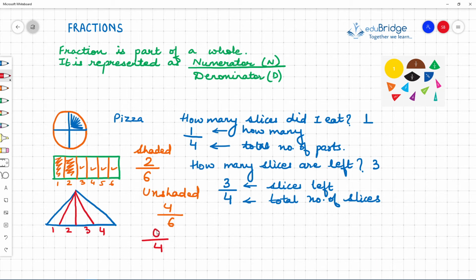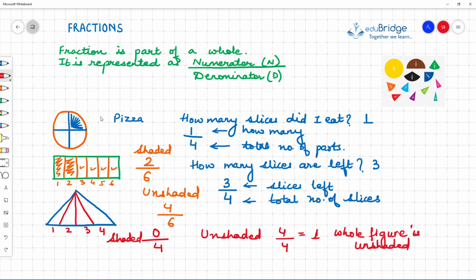So we write 0 by 4. So shaded parts are 0 by 4. And how many parts are unshaded? We say 4 by 4, which is also 1. It means the whole figure is unshaded.